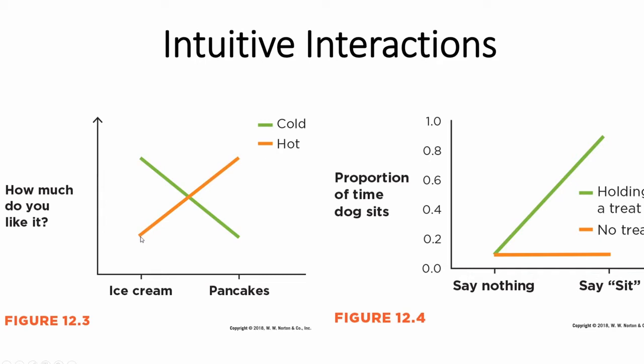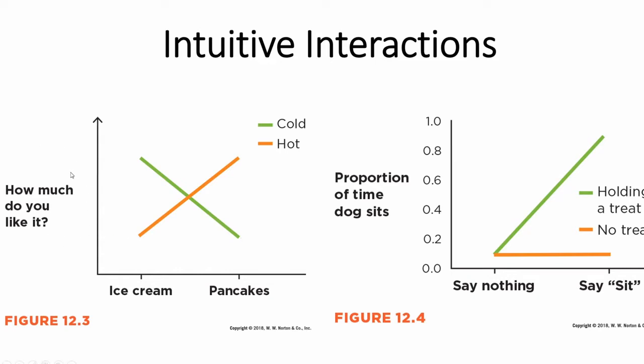So here, hot is our orange line, so we do not like ice cream when it's served hot, but we do like pancakes when they're served hot. And if we're asking about cold, we like ice cream when it's served cold, but we don't like pancakes when they're served cold.